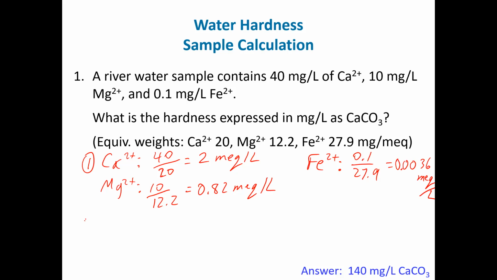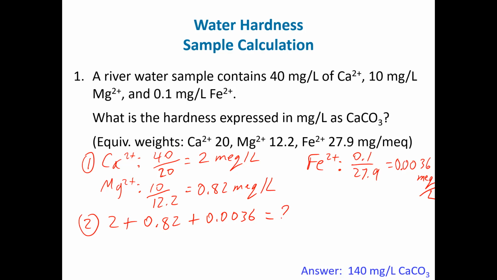Okay, so remember number 2 is just adding those things up. So 2 plus 0.82 plus 0.0036. Okay, add all those up. I probably shouldn't even need my calculator for this, do I?